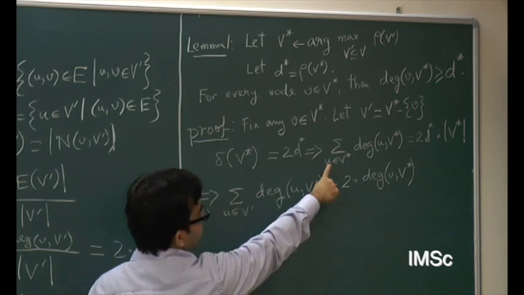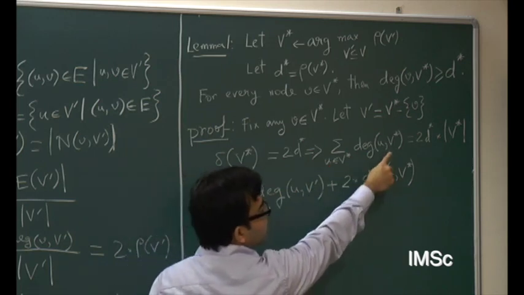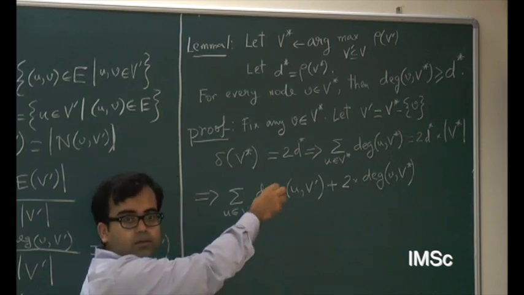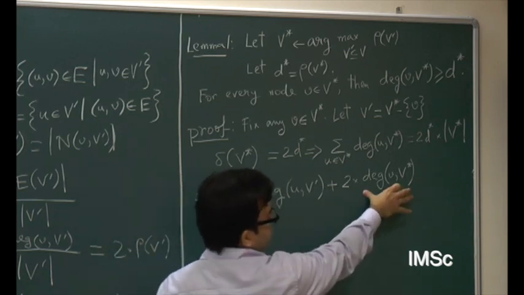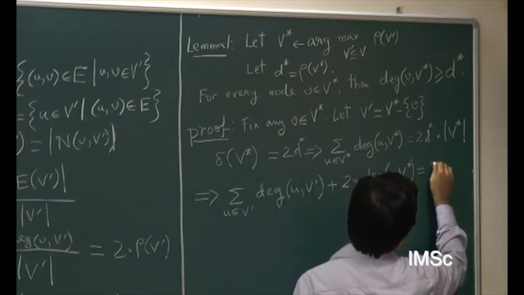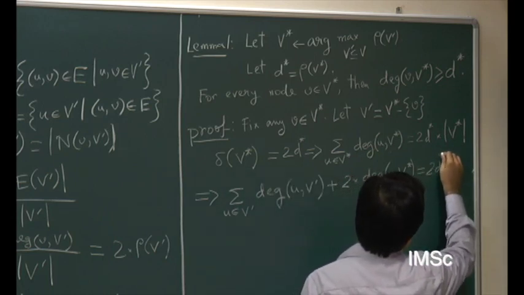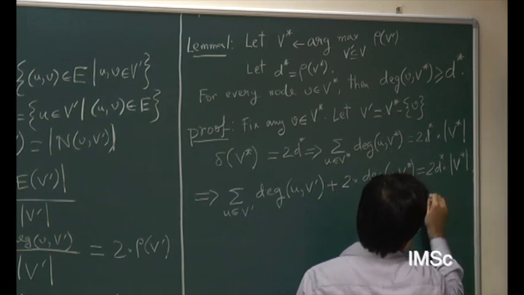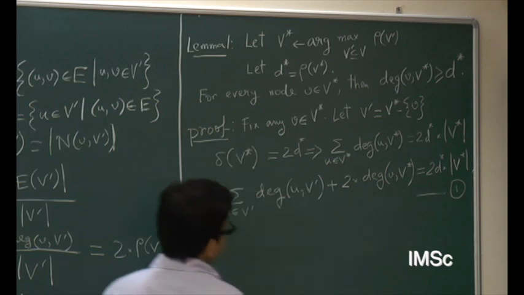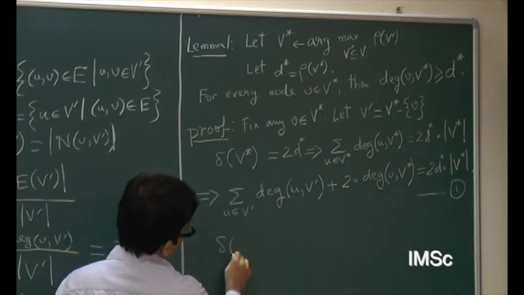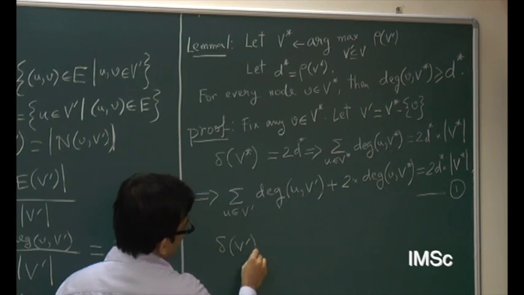And then for every other node u, here you are counting the degree in V star, and here you are counting the degree in V prime, so overall you are losing this much again. This thing is going to be 2D star times the size of V star. So this is equation 1.